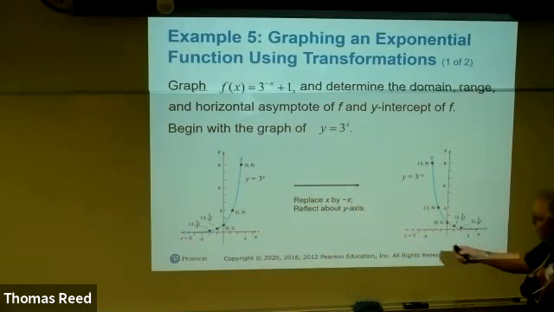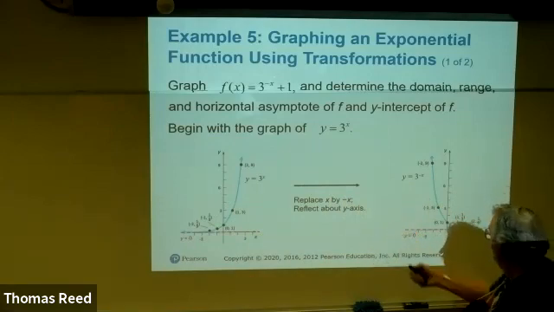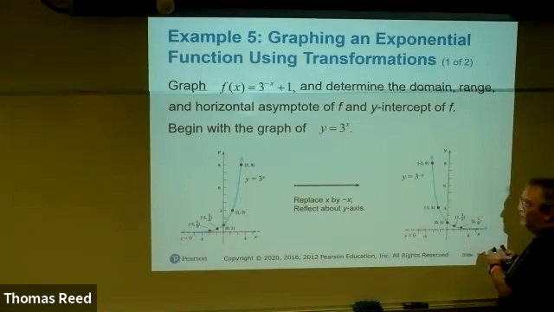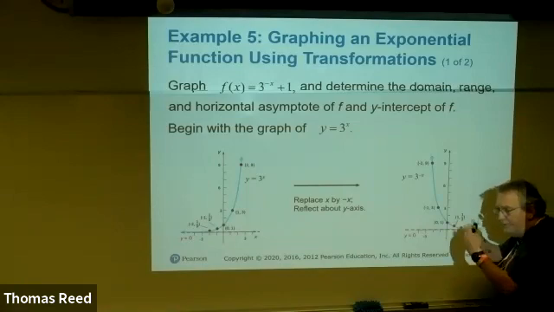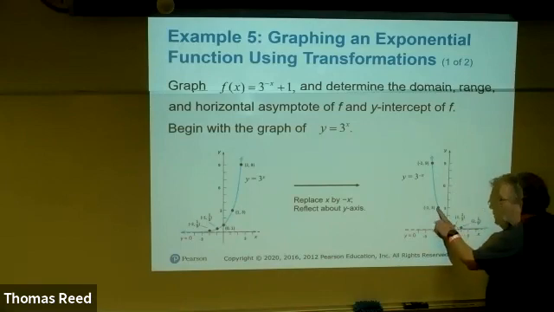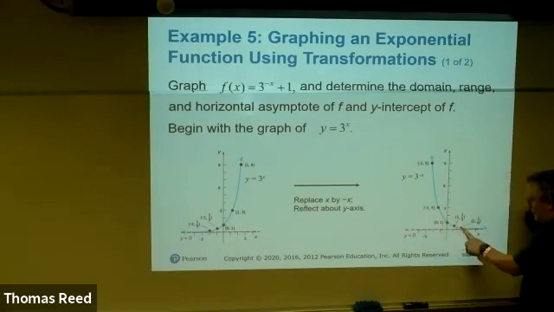And then they're going to add 1 to the y values. Remember, if you're changing it after the parent function, then it's going to be a change in the vertical direction. So I'm going to add 1 to each y value here. This goes -1, 4. This goes 0, 2. This goes to 1, 4/3.